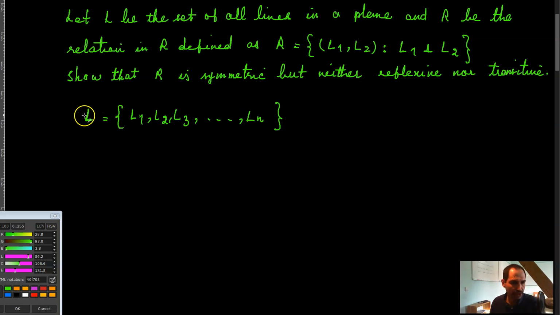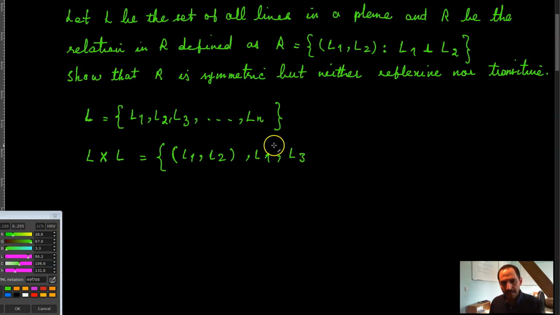meaning that you want to calculate the Cartesian product of this set with itself, the Cartesian product of L and L, and that gives you some set that contains all of these ordered pairs, for example (L1, L2), (L1, L3).